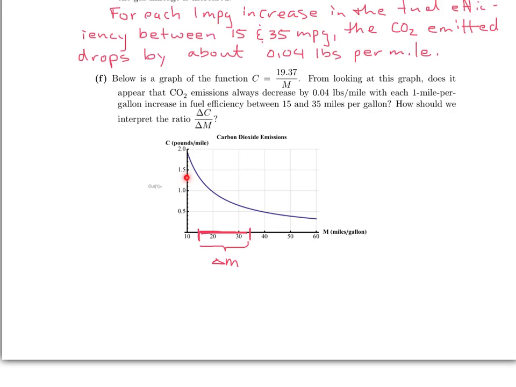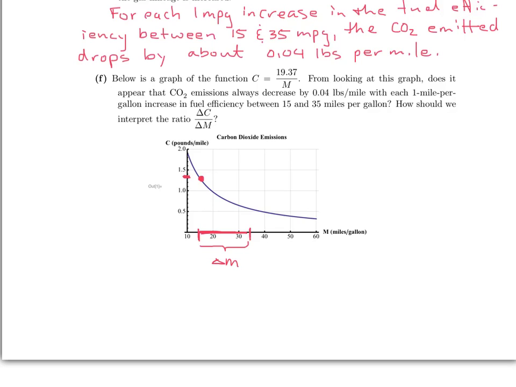And we calculated that in the table at the top of the page. That was about 1.29 pounds per mile. So I'm going to go ahead and mark that. So here's that point, and if I go over to the vertical axis, that's the 1.29 pounds per mile.